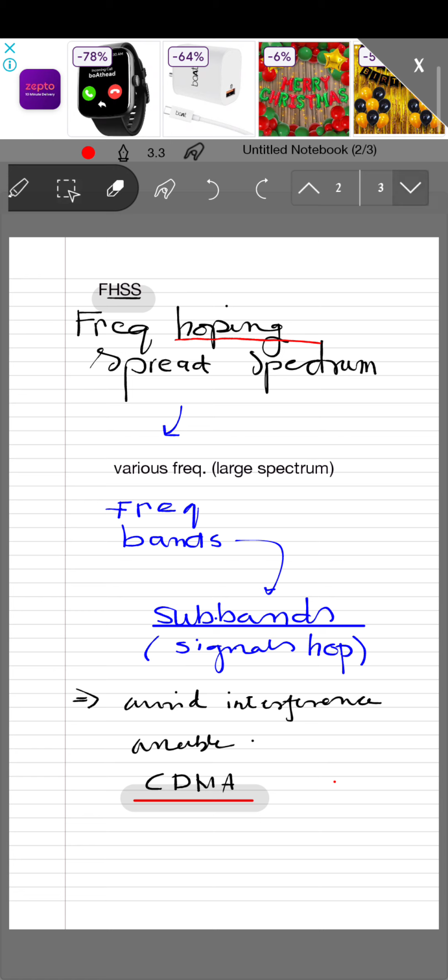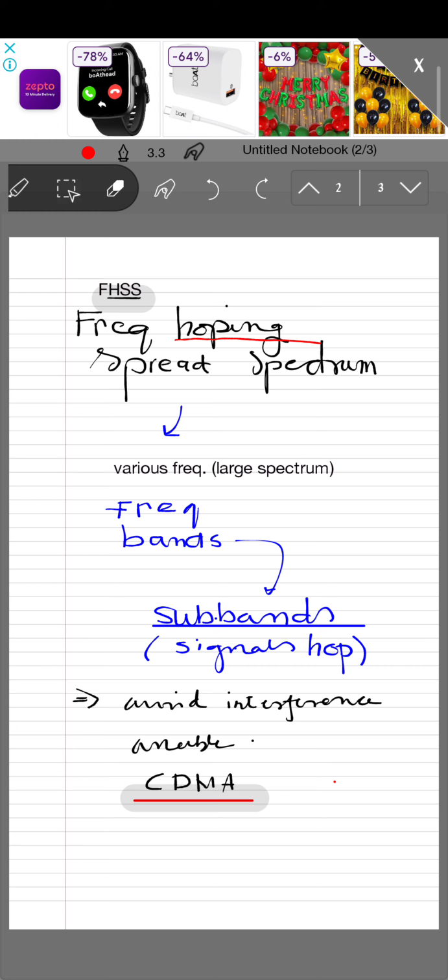Now, Bluetooth also works on the principle of FHSS. You might have seen that whenever we are talking on a Bluetooth, there is very little interference and no eavesdropping.